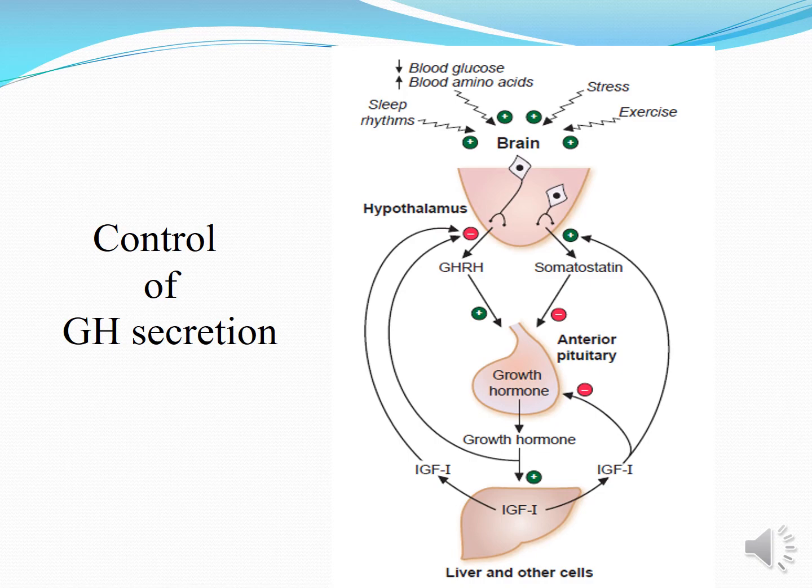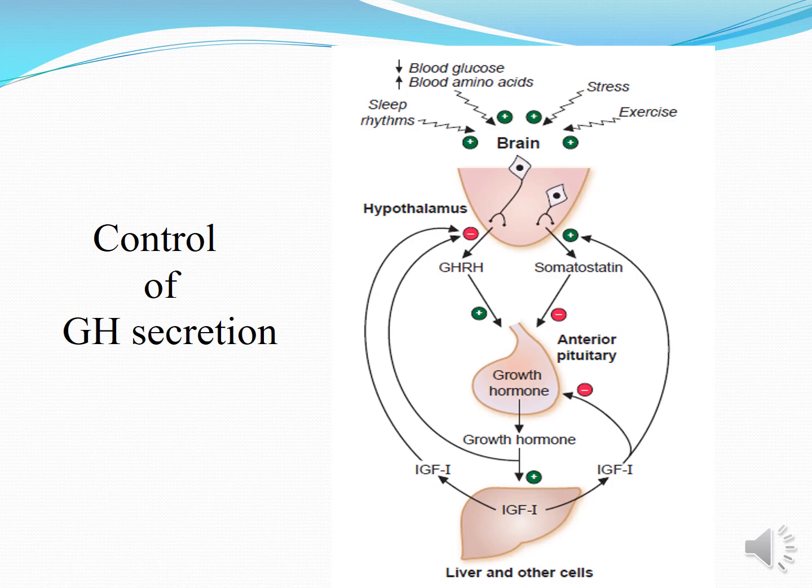Resultantly, the activation of somatostatin causes decreased activity of the anterior pituitary to produce growth hormone, and the same results from the inhibition of growth hormone releasing hormone.